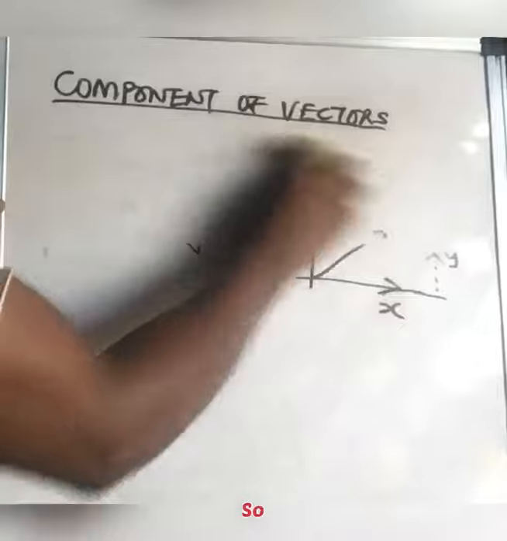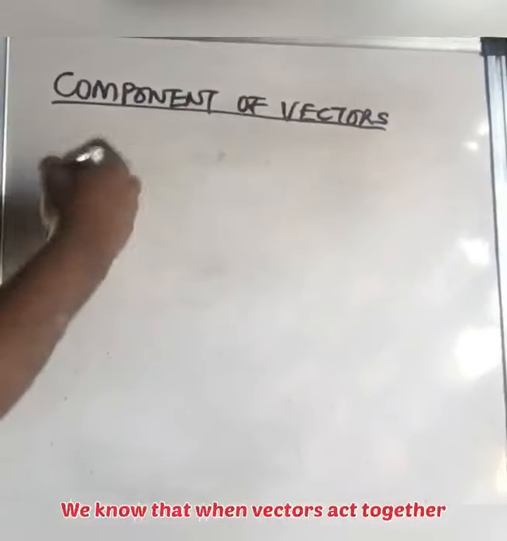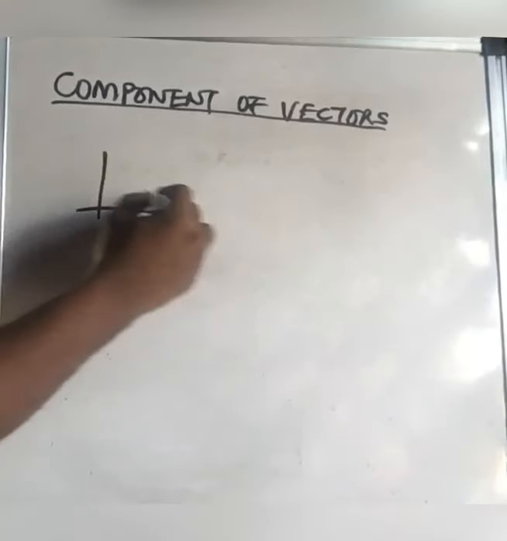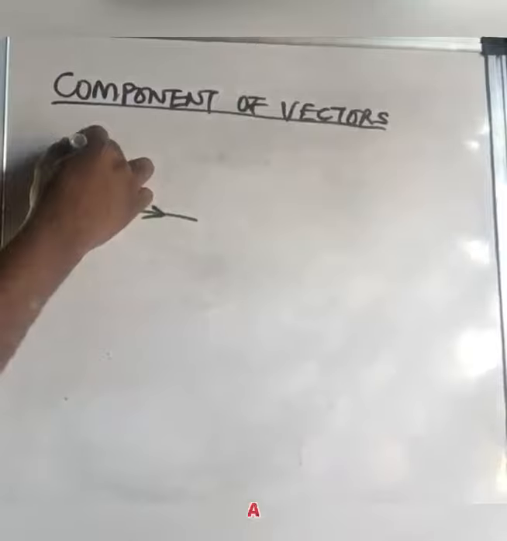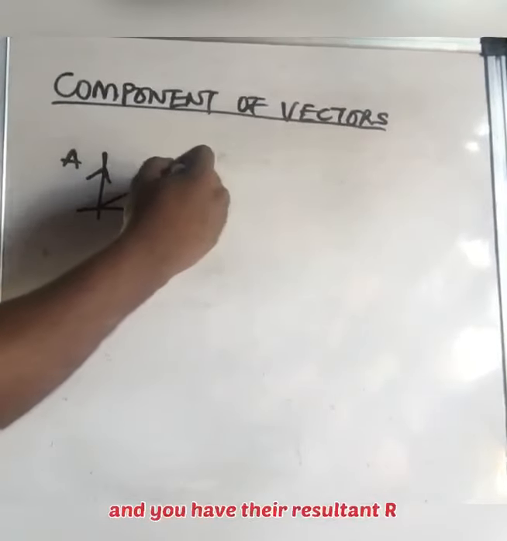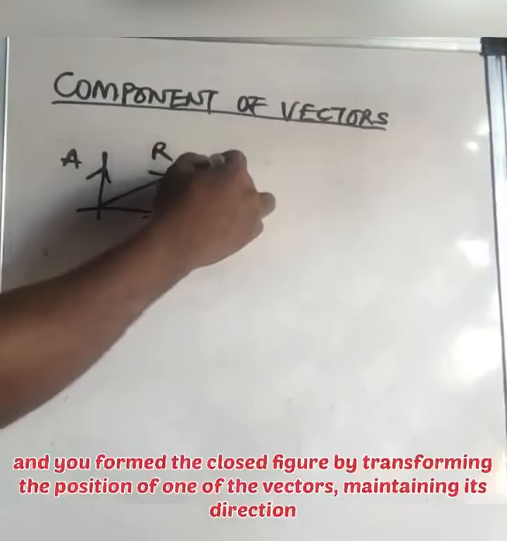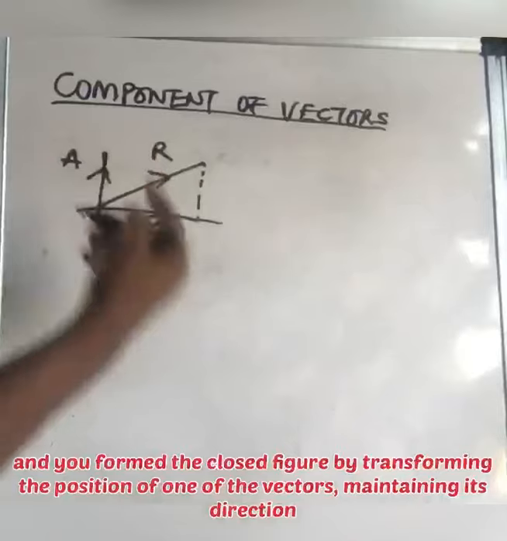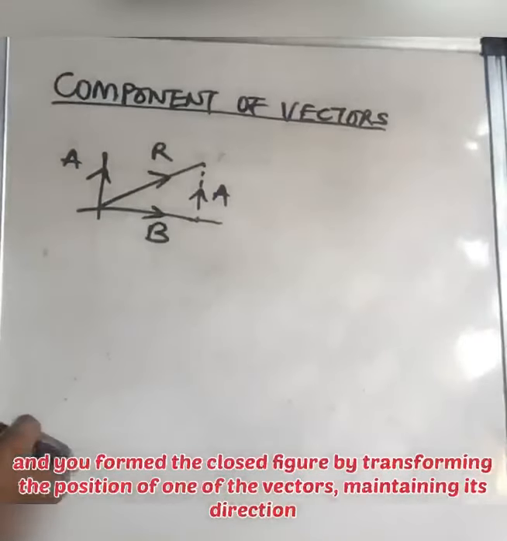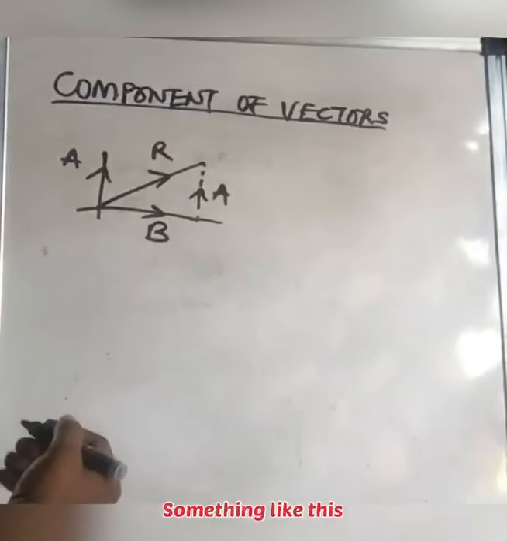So we know that when vectors act together, A, B, and you have their resultant arrow, you form the closed figure by transforming the position of one of the vectors, maintaining its direction, something like this.